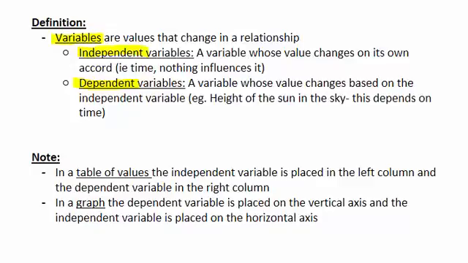So knowing those two points, hopefully you can connect and think, okay, the independent variable must be the x, and the dependent variable must be the y. Same as here. The dependent variable is placed on the vertical axis, so the dependent must be the y, and the independent variable is placed on the horizontal, and we know that is where the x goes.